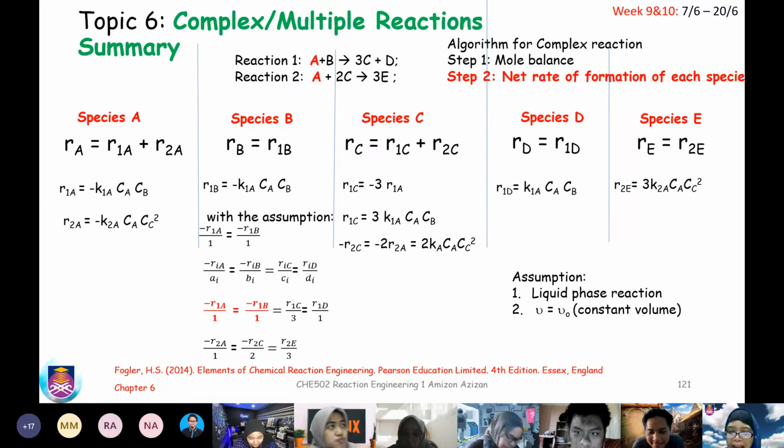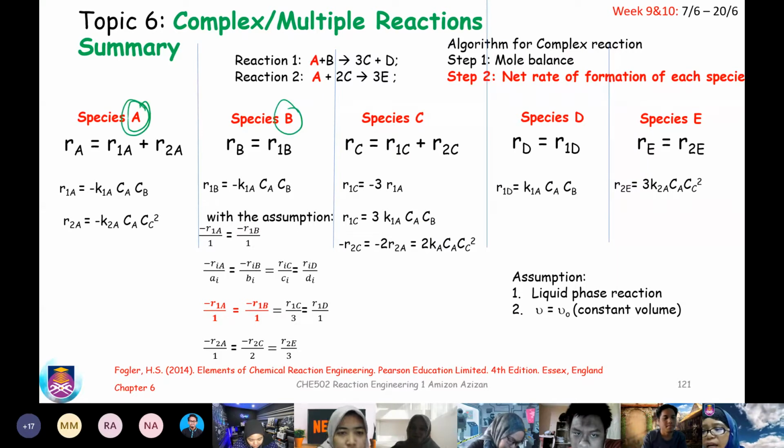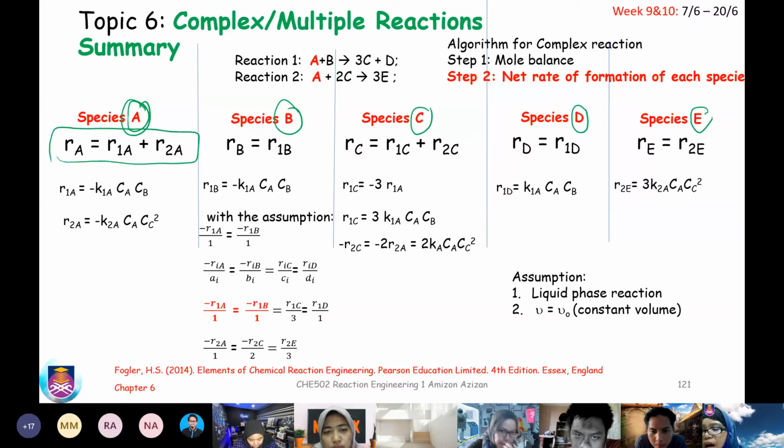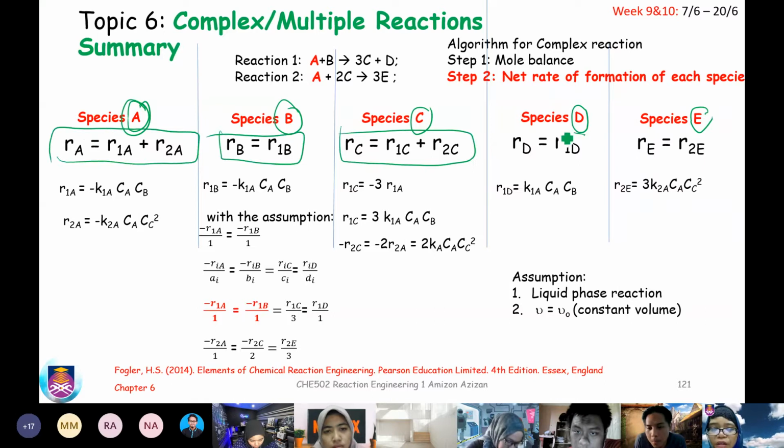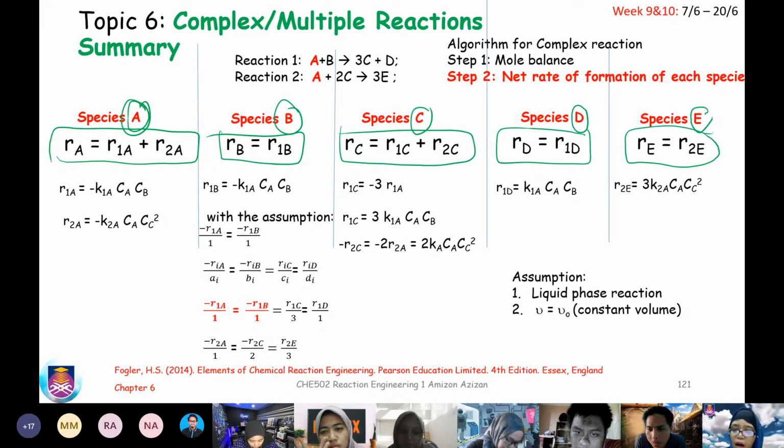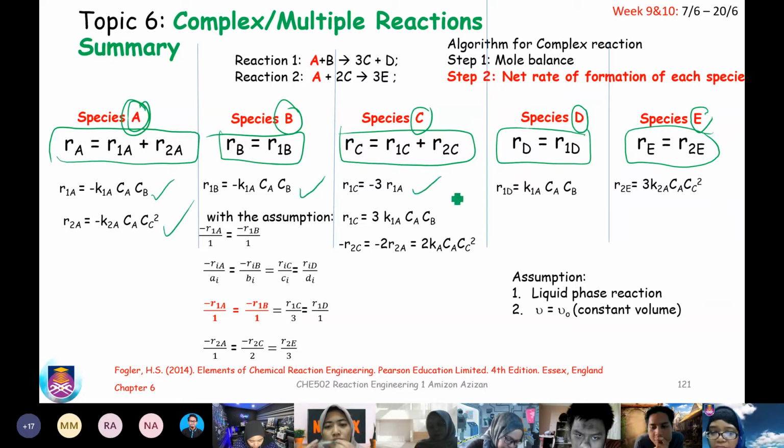Jangan pening-pening. This is just a summary of all the species. A, B, C, D, E. This is how you learn to write the net rate of formation for each of the species. And we have made the correlation from our previous slides. So simply write down everything.